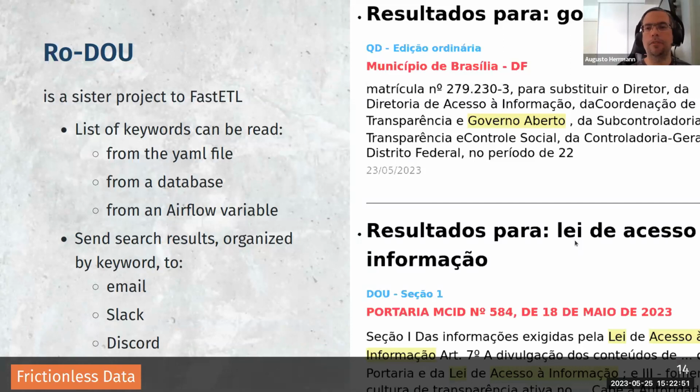Here's an example of a report I received when I wanted to be notified about occurrences of open government and access to information law. And then the report comes with the direct link to the document, to the law or bylaw where the term, the keyword, was mentioned.